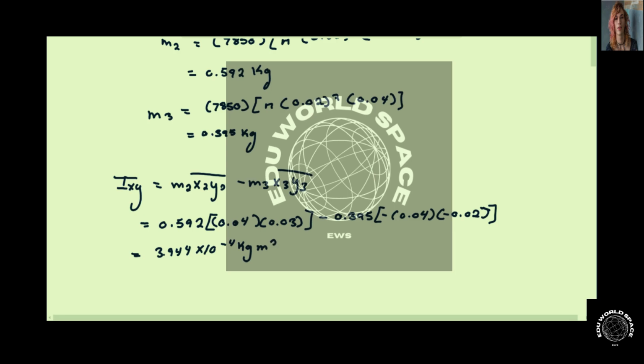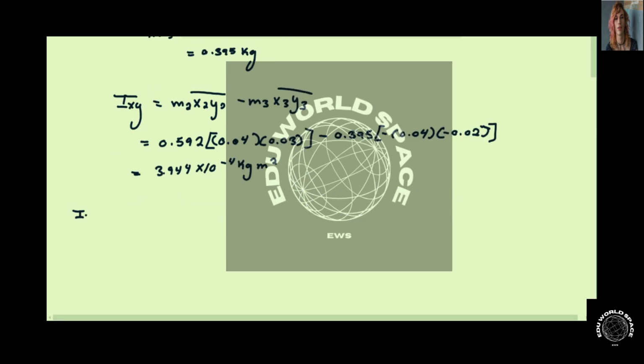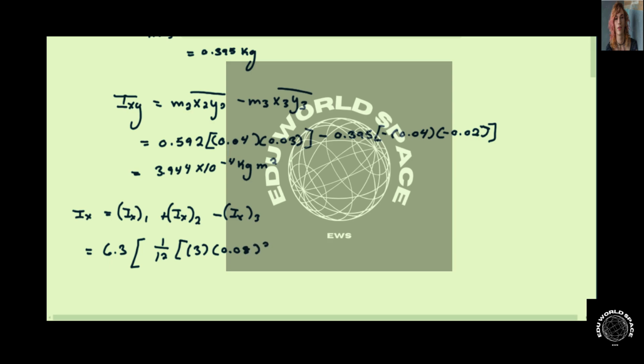And now for the inertia of x, Ix equals Ix1 plus Ix2 minus Ix3. Here we get 6.31 times 1 over 12 times 3 times 0.08 squared plus 0.04 squared plus 0.02 squared.